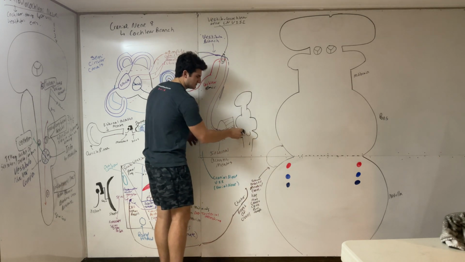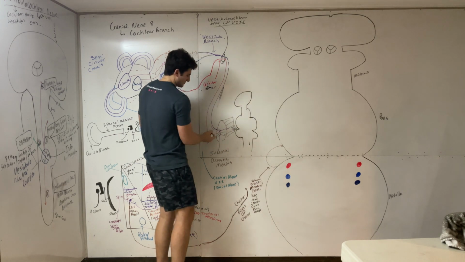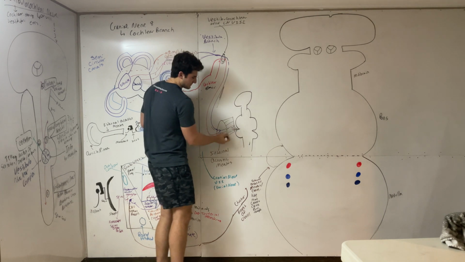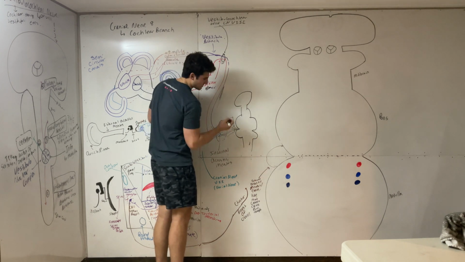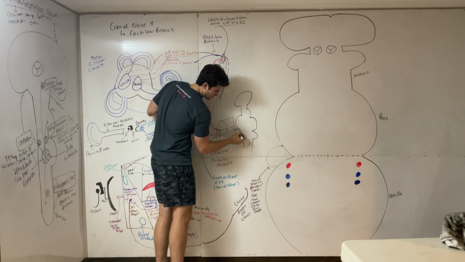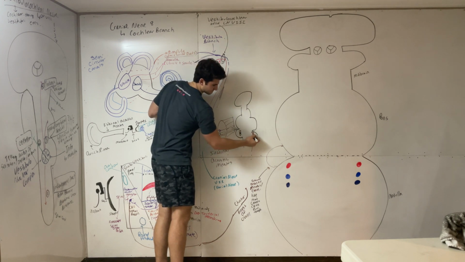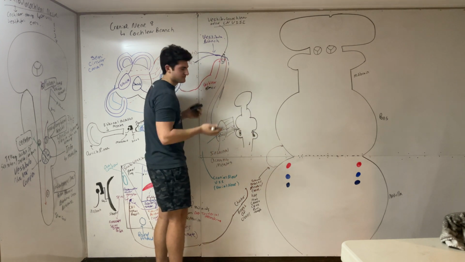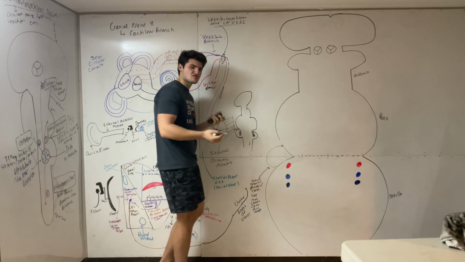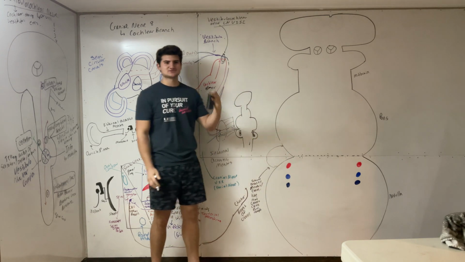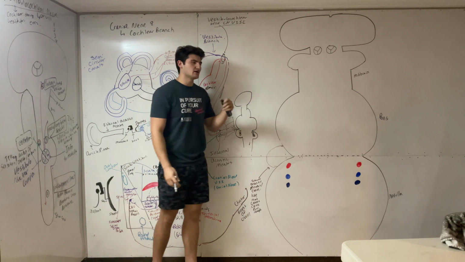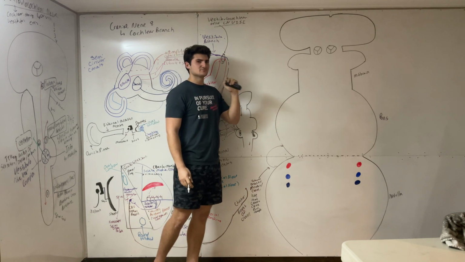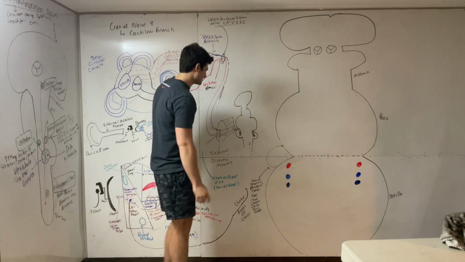Now if I erase him, just to save space, the cochlear branch is going to pass through the internal acoustic meatus as well. He's going to end up in three different regions, mainly in the superior region of the medulla. The pons medulla junction is the superior region of the medulla.